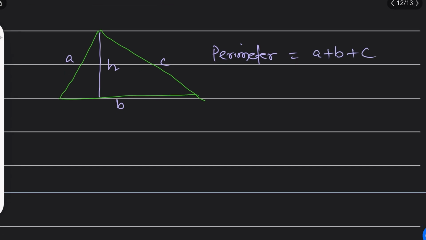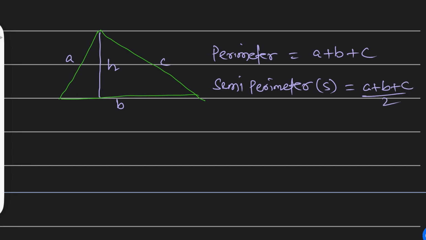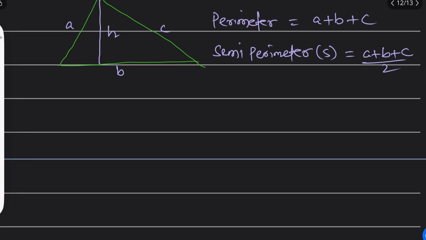What is the semi perimeter? I am denoting it with S, that is (A plus B plus C) by 2. Next, the area of this triangle can be calculated in two ways, because here H is given and A, B, C, all side values are also given.